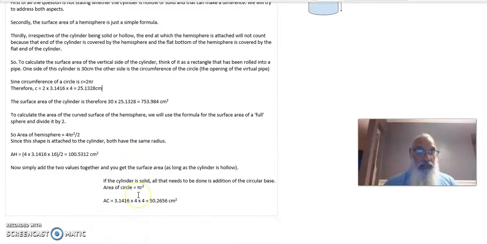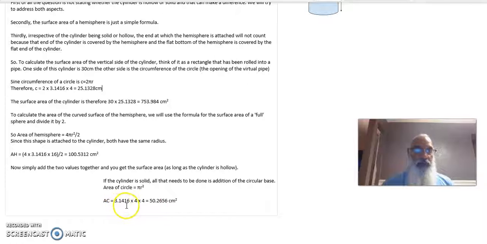If the cylinder is not hollow, then we proceed to find the area of the circle, because if it's not hollow, then the bottom of the cylinder is a circle, and the area of the circle is pi r square. So we plug those values into the formula.